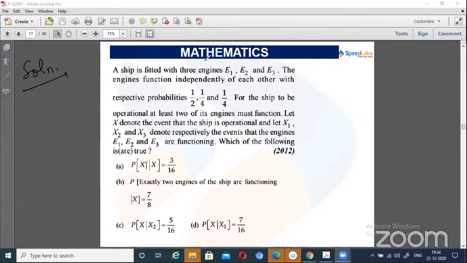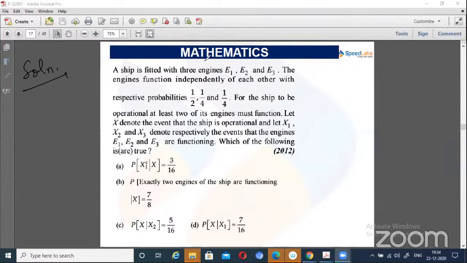Okay, long live the ship. For the ship to be operational, at least 2 of its engines must function. Let X denote the event that the ship is operational, and let X1, X2 and X3 denote respectively the events that the engines E1, E2 and E3 are functioning. Which of the following is true?